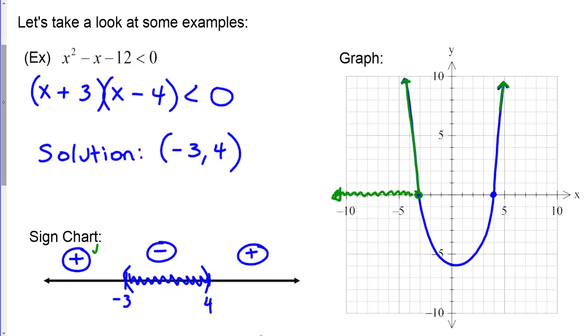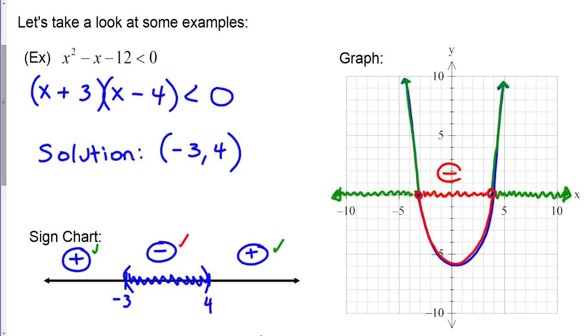Similarly, on this side, everything along here is above the x-axis. So on that interval, from 4 to +infinity, that is positive. And going from this point all the way along to this point, everything is below the x-axis, so we're entirely negative on this interval, which is what we saw from our sign chart.